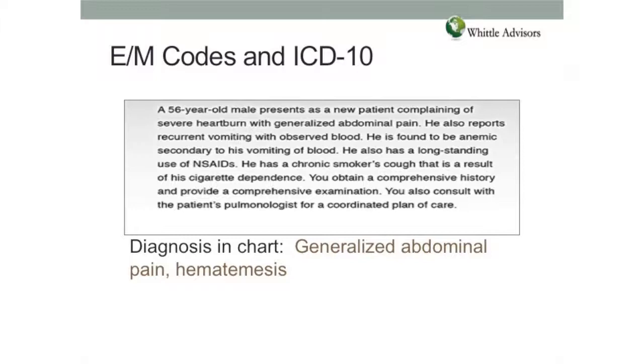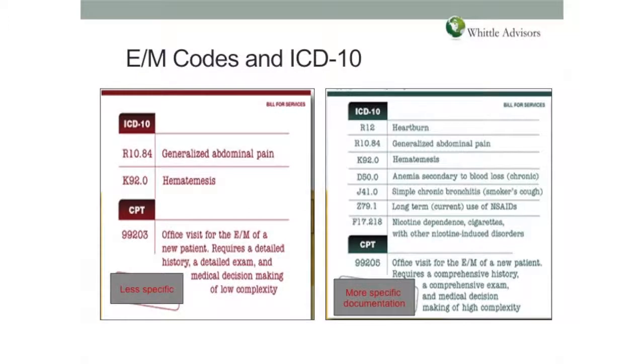We've done a comprehensive history and provided a comprehensive examination. We've also consulted with the pulmonologist for a coordinated plan of care. So the diagnosis in the chart is generalized abdominal pain and hematemesis. Thank you. What we have here are our EMM codes and how they break down.